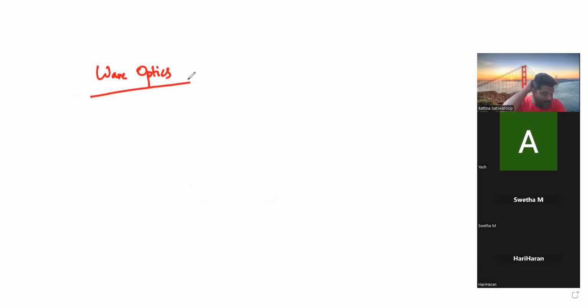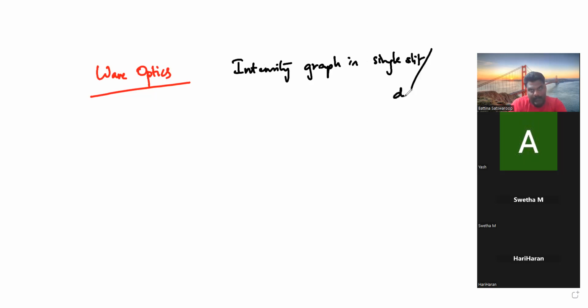Here 3 graphs are there amma. Okay, basically what we are showing here is intensity graph in single slit or diffraction. Okay, right. So first thing, 3 graph னு சொன்னேன்லம்மா.